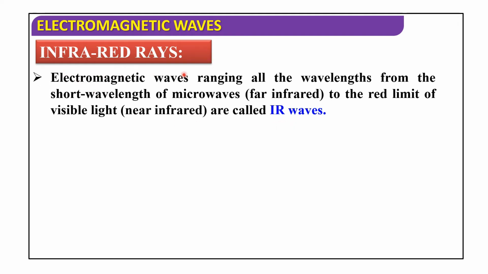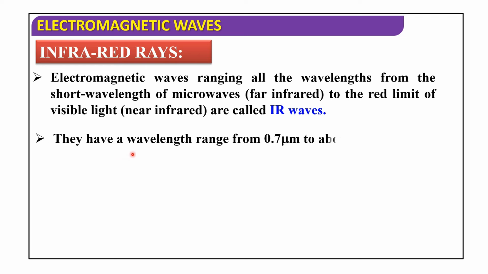Infrared rays are electromagnetic waves ranging over all the wavelengths from the short wavelengths of microwaves, that is far infrared, to the red limit of visible light. They have a wavelength range from 0.7 micrometer to about 1 centimeter.